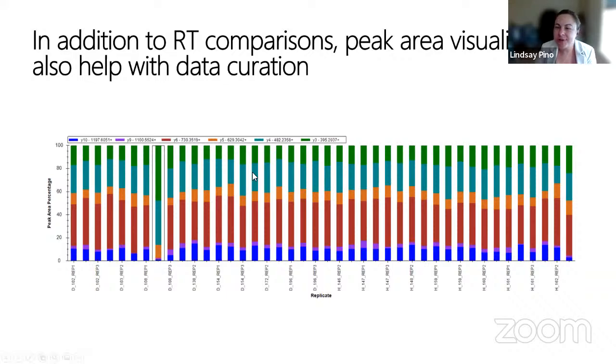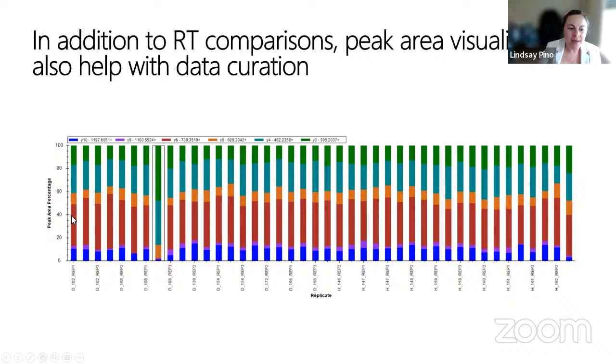This is a similar style of data curation tool where we have the replicates going across the x-axis from left to right, and then the peak area percentage. These are all of those different fragment ions. Across all of the samples, they should go in roughly the same order. So if red is always the tallest, and then teal, and then green, it should always go in that order.